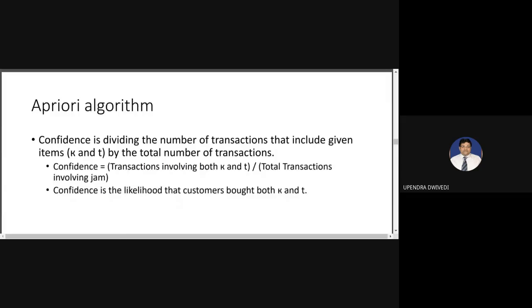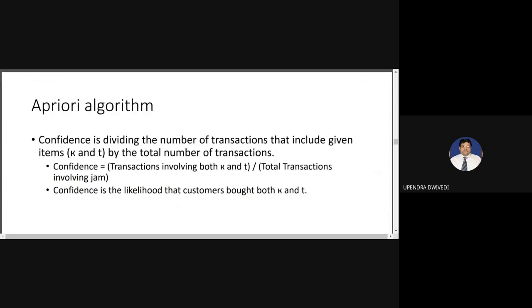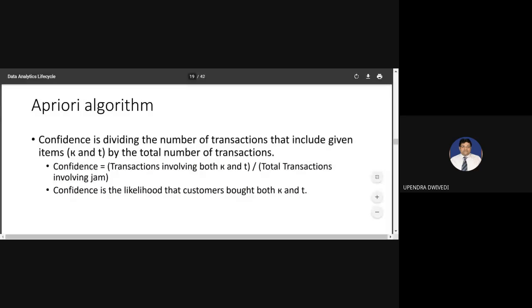To find that out, we need to calculate the confidence. The confidence will be the transactions involving k and t, where k can be represented by milk and t can be represented by bread or jam, divided by the total transactions involving the k.